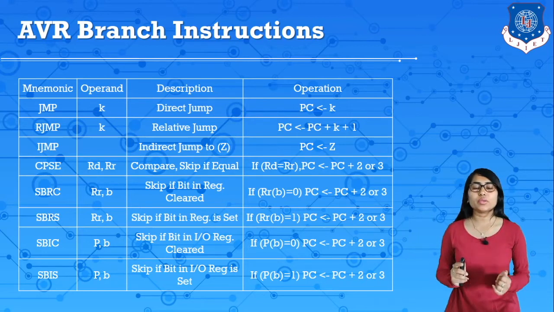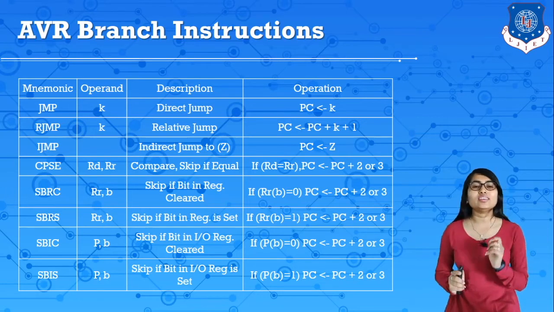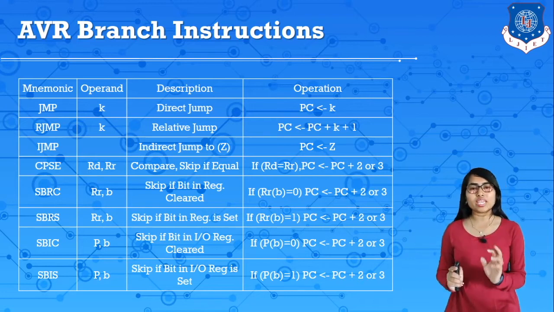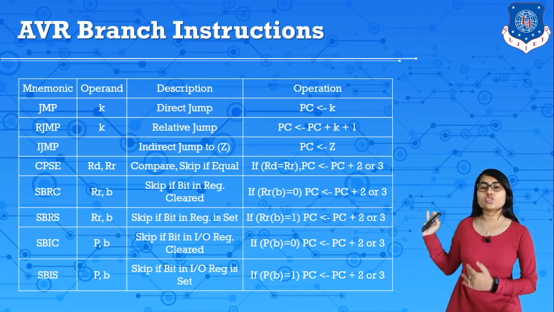Then SBRC Rr, b, which means skip if bit in register is clear. If in register Rr the b-th bit is equal to 0, then the value of the program counter is altered: program counter plus 2 or 3.